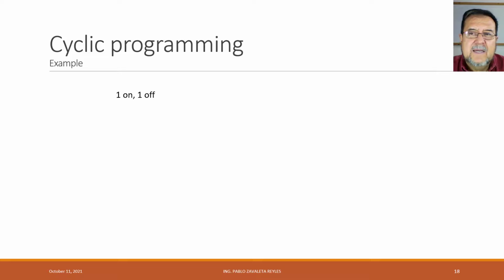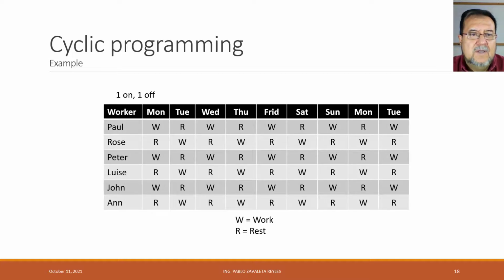In this case, everybody will be working one shift on and one shift off. So, Paul works on Monday, rests on Tuesday, works on Wednesday, rests on Thursday, works on Friday, as you can see, works on Monday, Wednesday, Friday, Sunday. It's one on, one off.